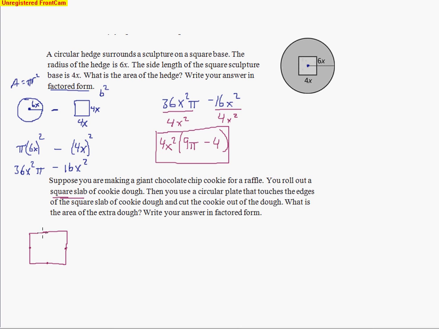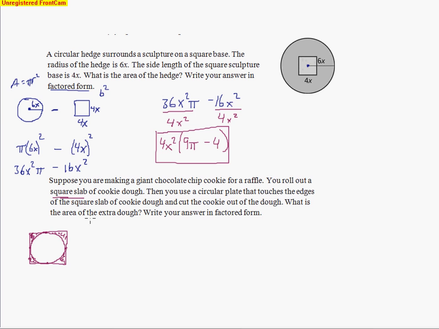The circle is going to leave some parts that aren't going to be used, so it looks like this inside. There's the circle, and you see these parts right here, they're not being used. This is extra cookie dough that we're not going to use to make this cookie, and that's what they're asking for here.